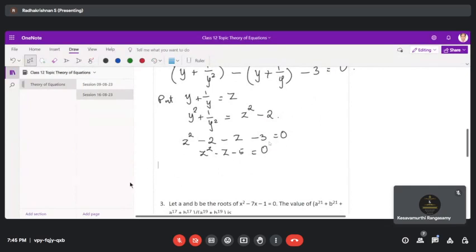So what are the solutions to this? We cannot factorize this because minus 5's factors are only 5 and 1, so that doesn't give a difference of minus 1. So we have to use the quadratic formula, which is minus b plus or minus root of b square minus 4ac.